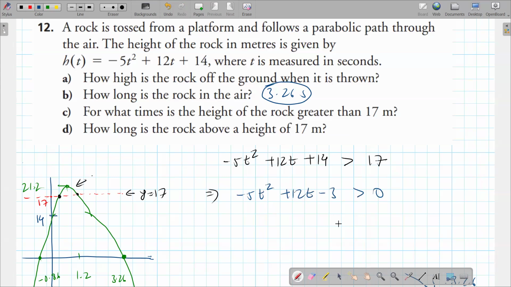Now let's see if we can factor this quadratic. It multiplies to positive 15 and adds to 12. The only thing that multiplies to 15 is 5 and 3.